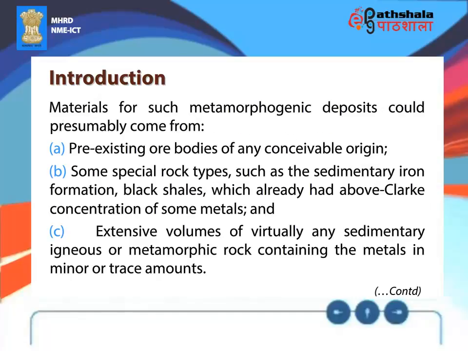Materials for such deposits could presumably come from pre-existing ore bodies of any conceivable origin, some special rock types such as sedimentary iron formation, black shales which already had above Clarke concentration of some metals, and extensive volumes of virtually any sedimentary, igneous or metamorphic rock containing the metals in minor or trace amounts.